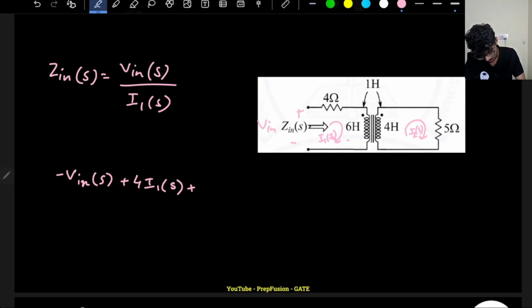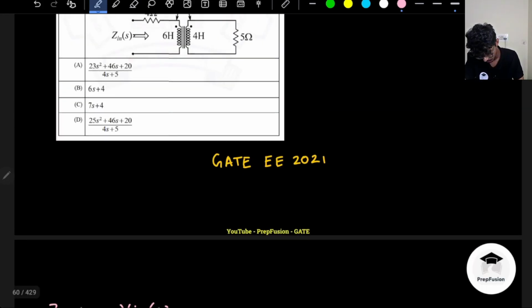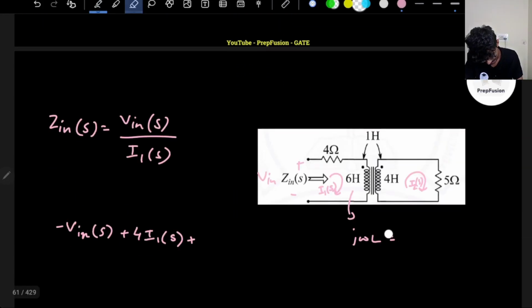Inductor is j omega L. J omega is S, so it will be SL, so it will be 6 into S, 6S.